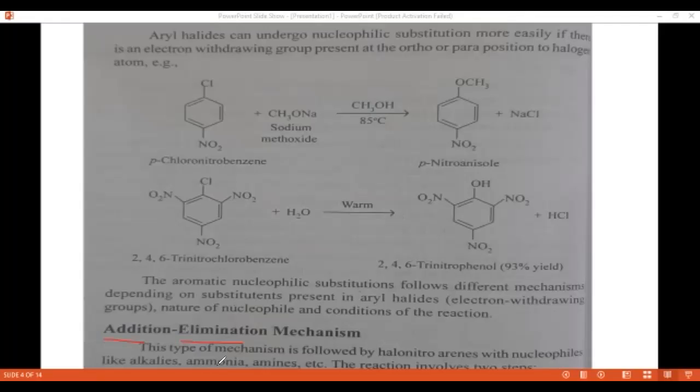Now this type of mechanism is followed by halonitroarenes with nucleophiles like alkalis, ammonia, amines, etc. The reaction involves two steps.